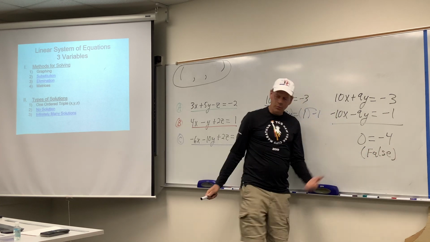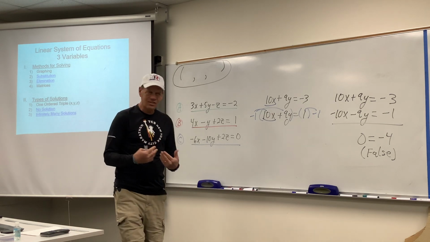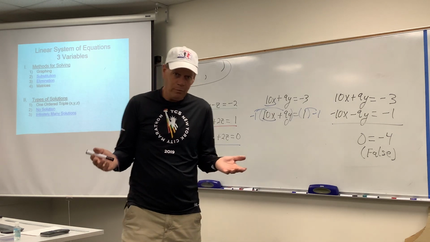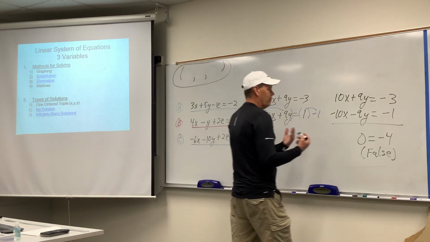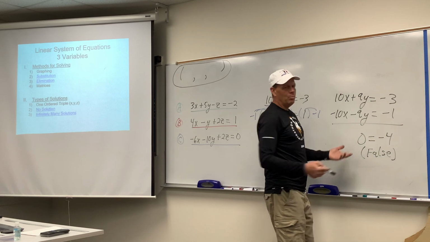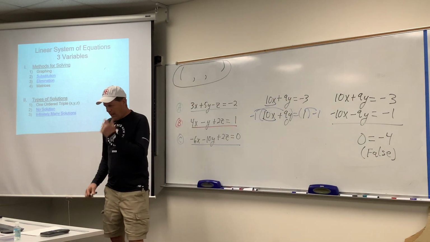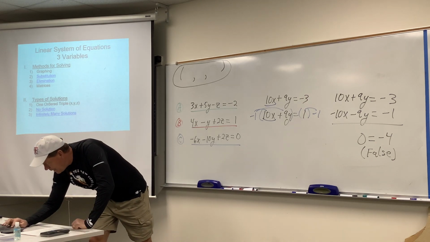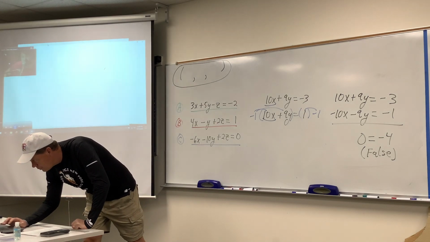Now, we've talked before, when we solve equations, we didn't know what was going to happen before we started, but when we go through that process and end up with a false statement, no variables, 0 equals a number that's not 0, doesn't that mean there's no solution there? And so that would be the point here. That would be the answer, is the fact that there's no solution.